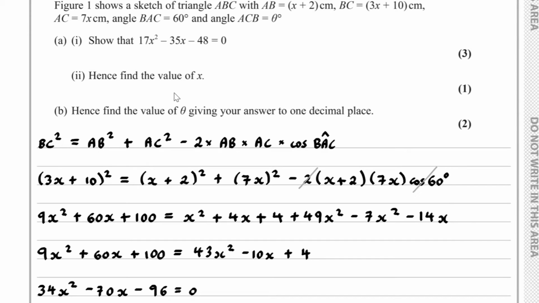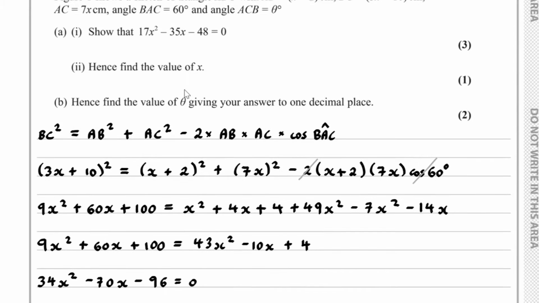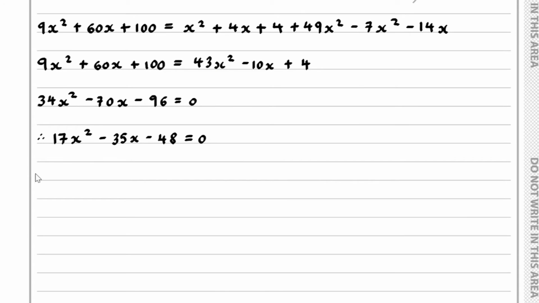Now for the next part of the question, we have to find the value of x. Well, if I factorize this quadratic, we have 17x plus 16 being multiplied by x subtract 3, and the product of these is 0.